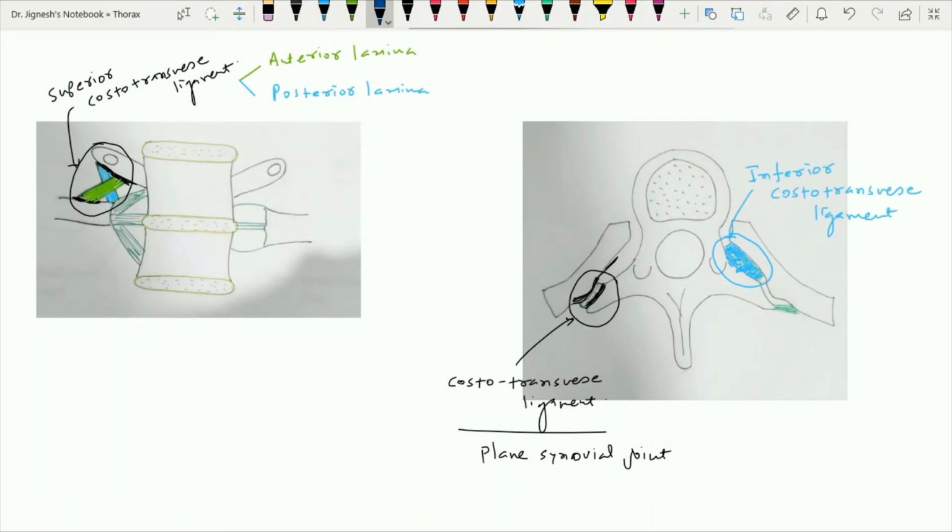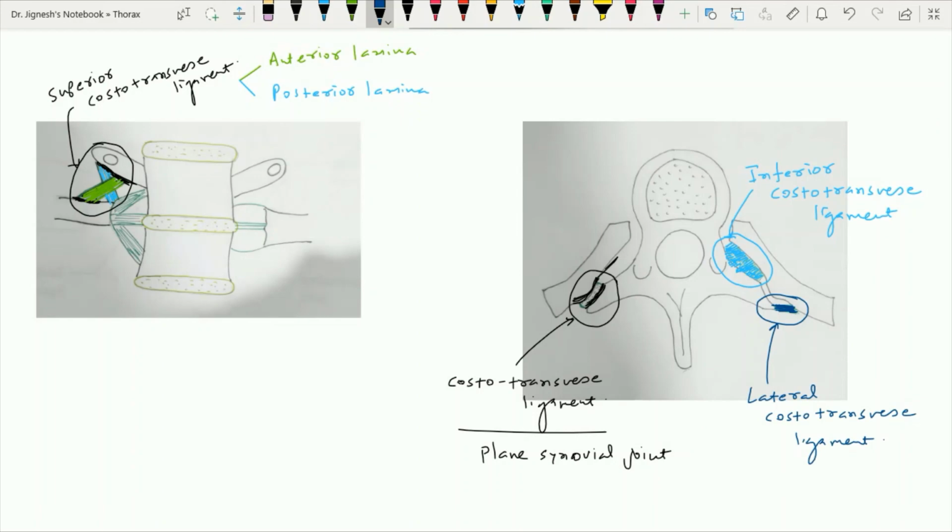When we see the lateral costotransverse ligament, it is attached from the non-articular portion of the tubercle of the rib to the tip of the corresponding numerical transverse process of the vertebra. So this is the lateral costotransverse ligament.